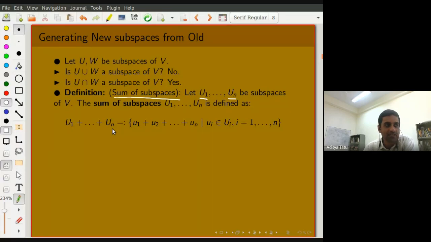Does anybody recollect that example? That line passing through the origin is essentially a subspace of R2, right? And then, since it is also a subgroup, you can definitely talk about its cosets.